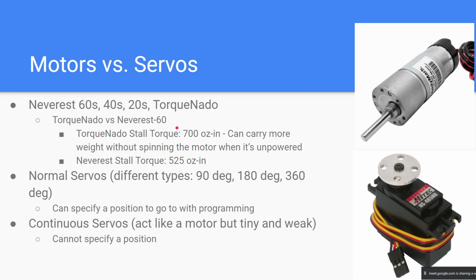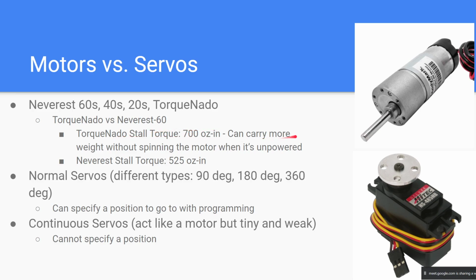Well, what does that mean? What does stall torque mean? What stall torque means is that it's harder to spin the motor when it's unpowered. Some of these motors, I could spin the shaft with my finger. I could just spin it easily. With the Torquenado, I literally can't spin it.